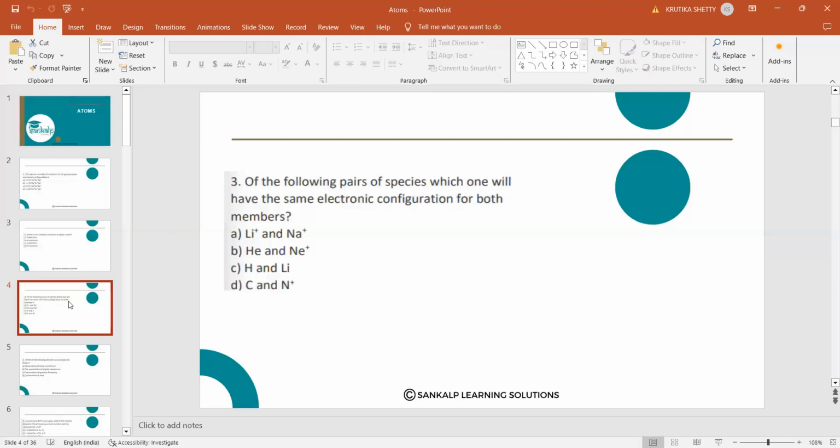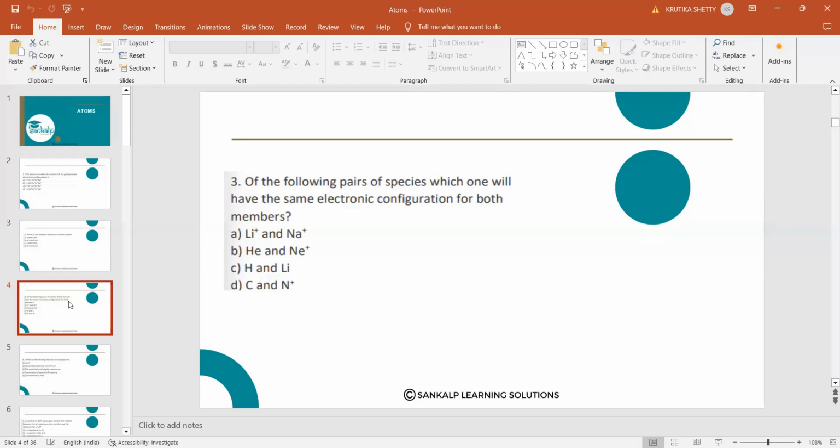Yes, students, which one will come? So lithium is 3, sodium is 11, helium is 2, neon is 10.